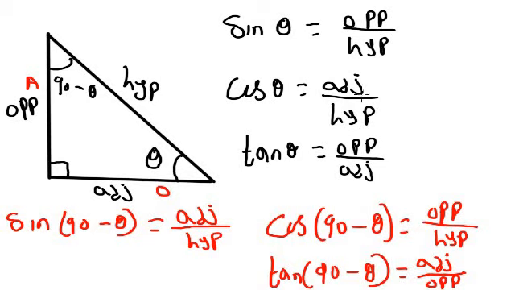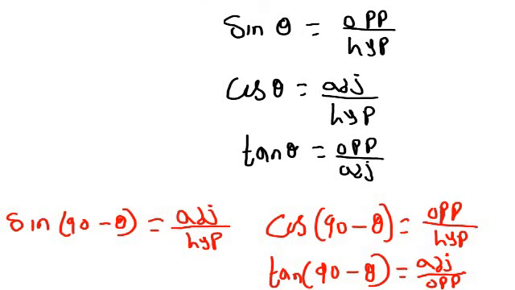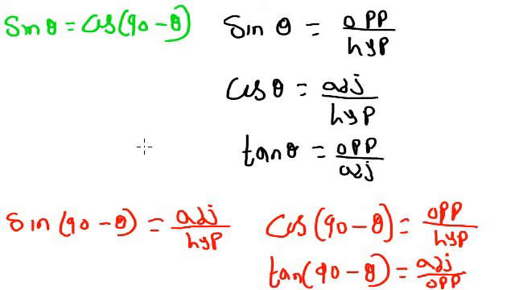So what you need to keep in mind is, let me get rid of the triangle, I don't need that anymore. You need to know that sine theta is equal to cosine 90 minus theta. That's why I showed you the proof right from the beginning of this video. If you can't cram it or master it with examples or practice problems, you can just master the proof. You can always use that to recall.